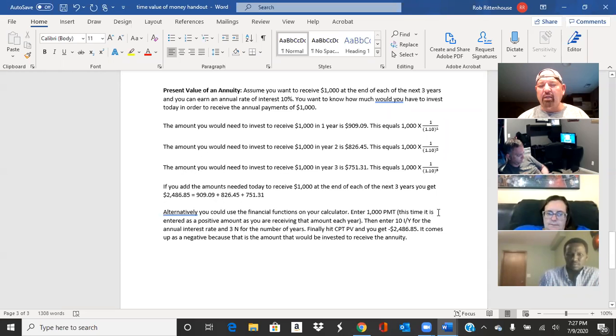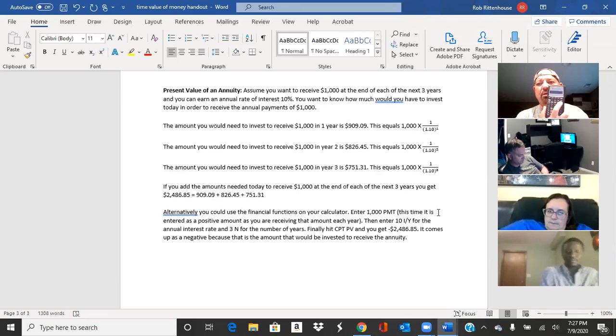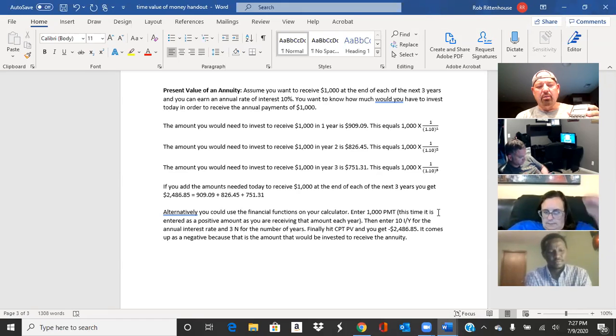Alternatively, again, just use the financial functions of the calculator. So everybody, right now, I want everybody together to clear out the time value register. Second, clear time value money, third button down in the right-hand column. Second, clear work, and then hit clear again. Now everything's cleared from your previous calculation.